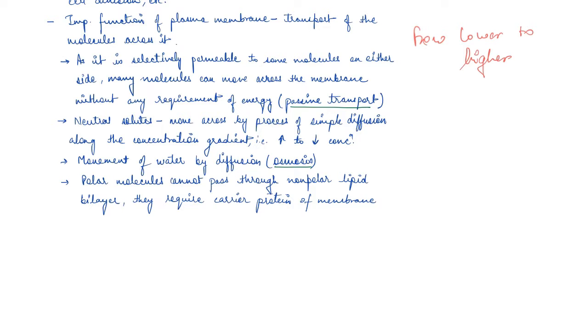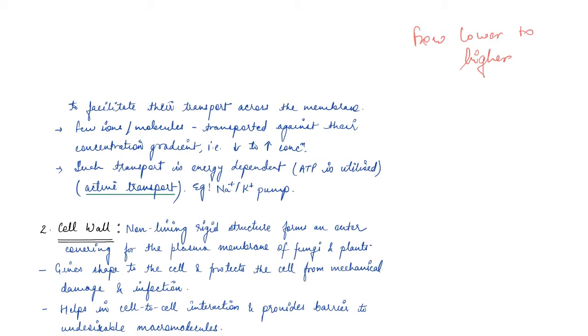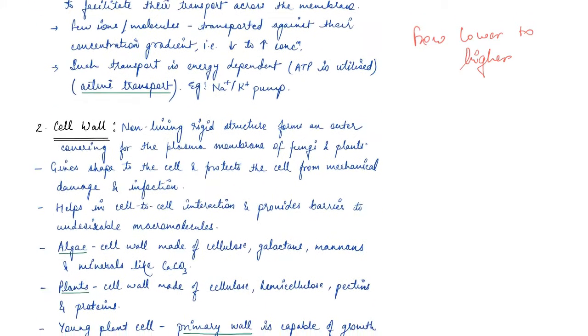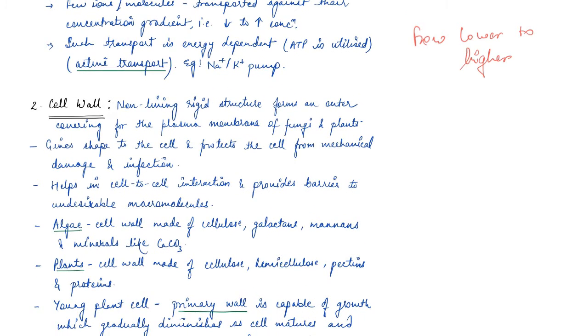So basically, you need energy in order to move these polar molecules. And such energy dependent transport, where ATP is utilized, is known as active transport, right? So basically, you have the sodium potassium pump. That is one of the examples, right? Where sodium or potassium is passed with the help of energy and it is an active transport, guys.